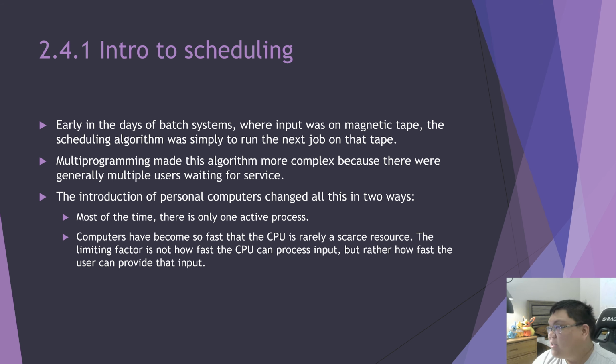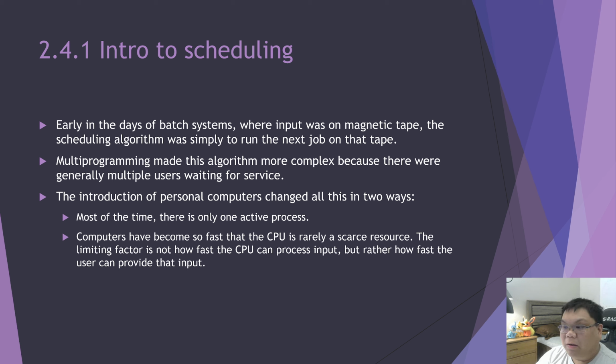So literally there really is no scheduling algorithm. It really is just run the next job. That's it. Eventually, this output tape would be taken to a printer, and then it would print out the results.